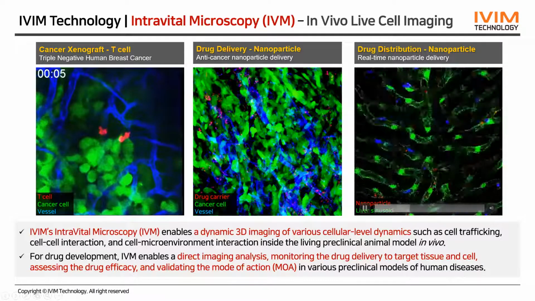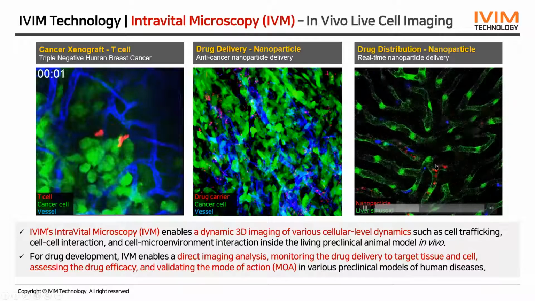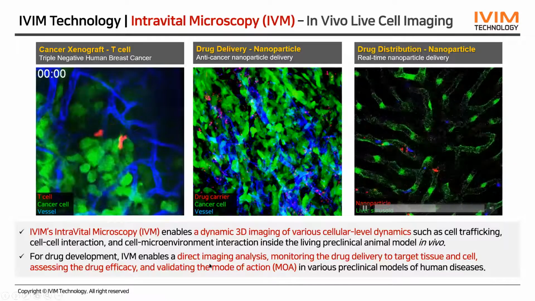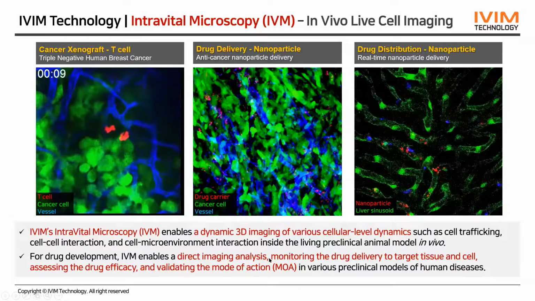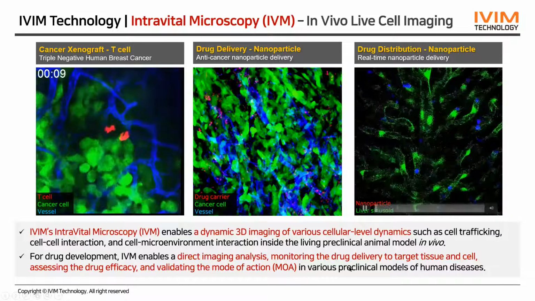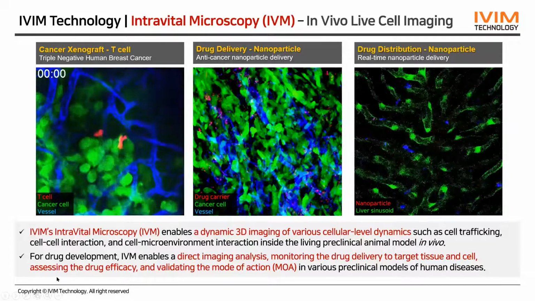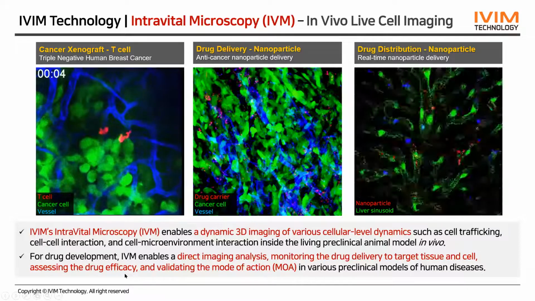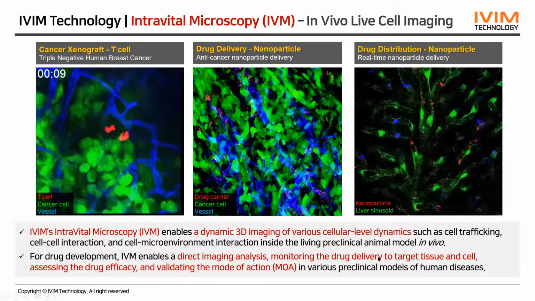As you can see, single nanoparticles are delivered to the liver through the liver sinusoid, and then they accumulate in the liver sinusoid in real time. This kind of direct imaging analysis facilitates monitoring the delivery of the drug to the tissue in real time, and also enables the assessment of drug efficacy and validation of the mode of action in various clinical models.